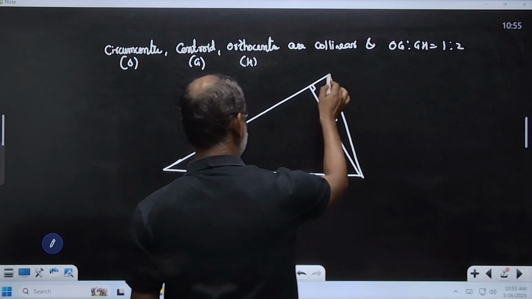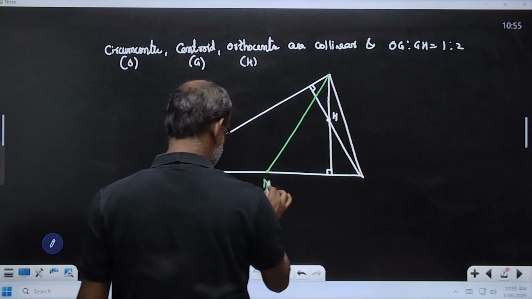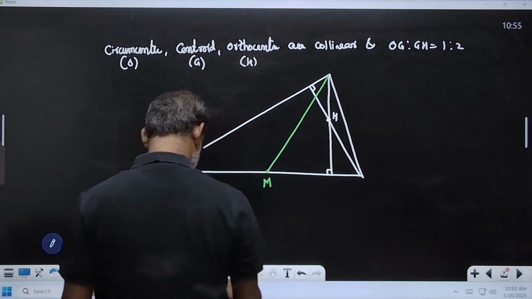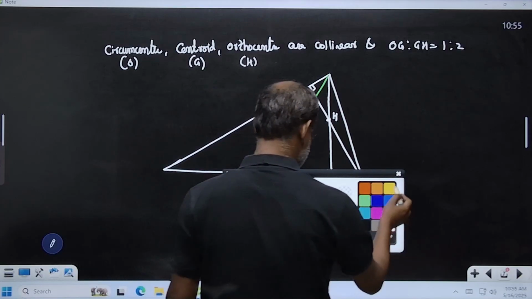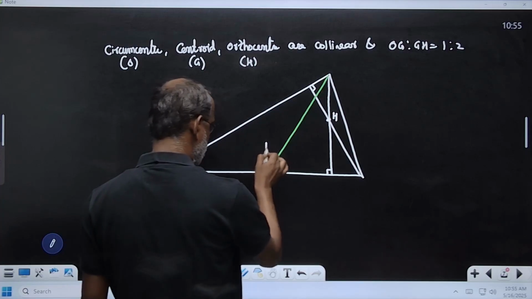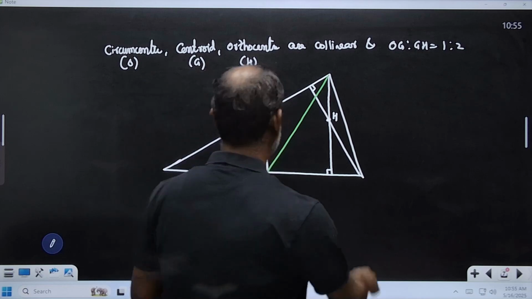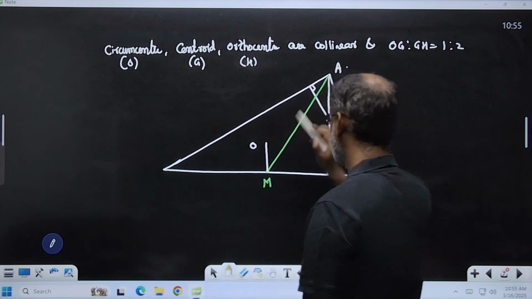This is the midpoint. Above it will be our O. AM is the median.